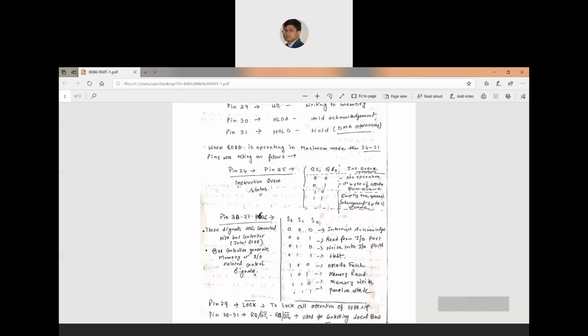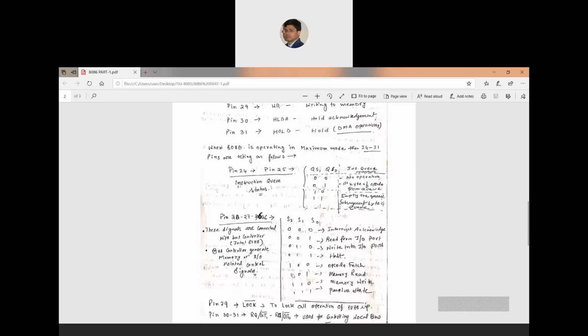Okay, and when these three pins are connecting with the other processor, they also have some information within them, right? So these three pins are transferring some information from 8086 to 8288. So what is that information that these three pins are transferring from 8086 to 8288, that we can understand from this table.